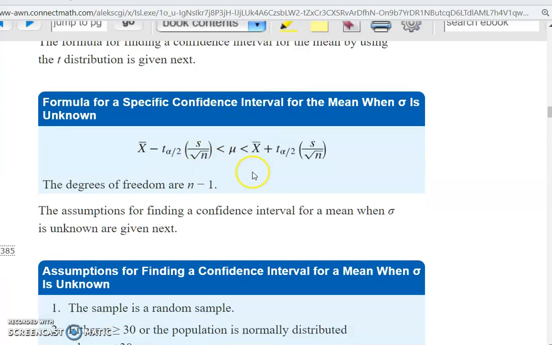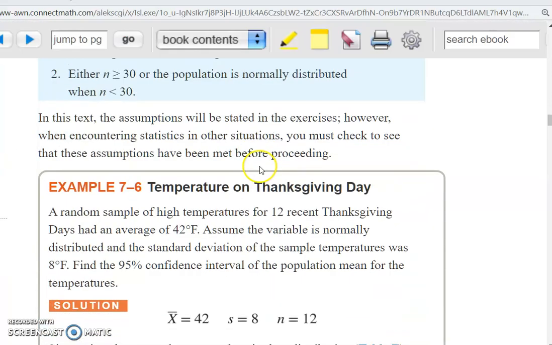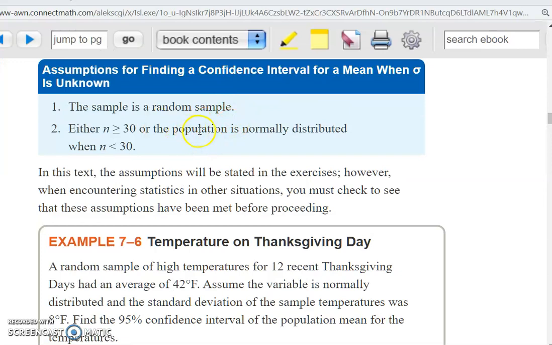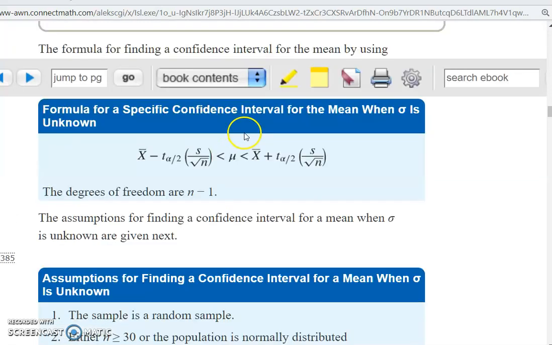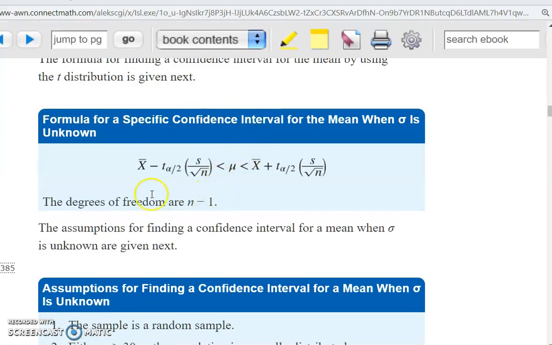Okay, and here are the assumptions. But as I say, the assumptions will be stated in the exercises. All right. So there's the formula that we're going to use. I'm not going to read it to you. I think that's not a good use of your time, but just carefully look at that. Make sure you understand what every term is.